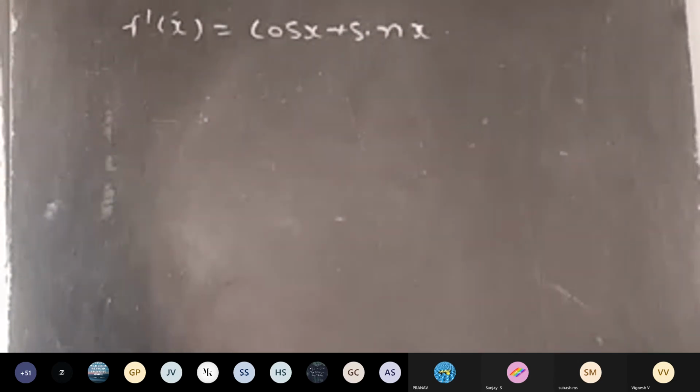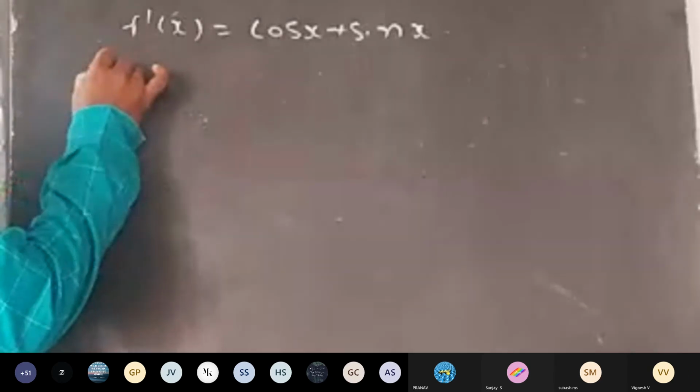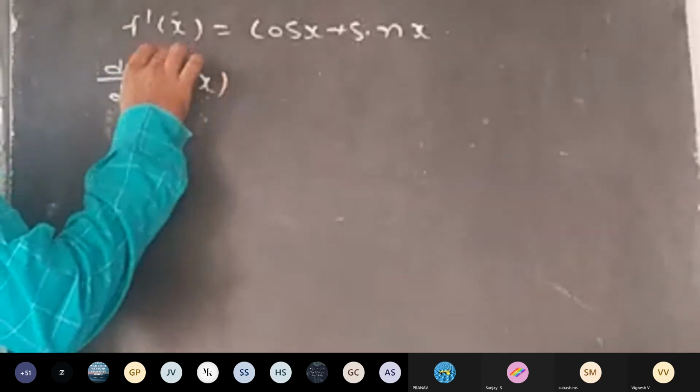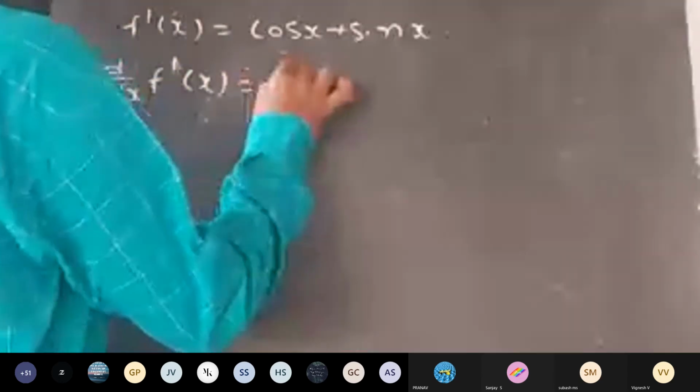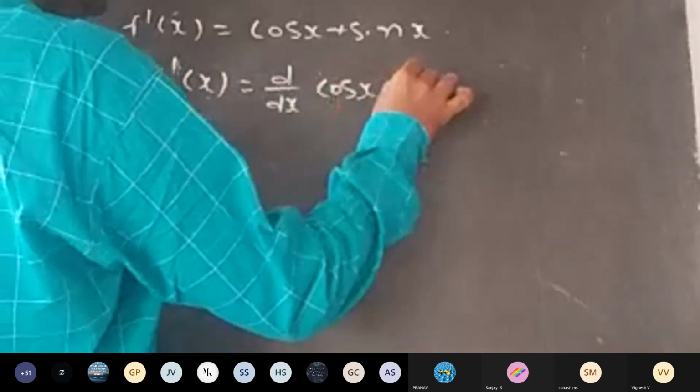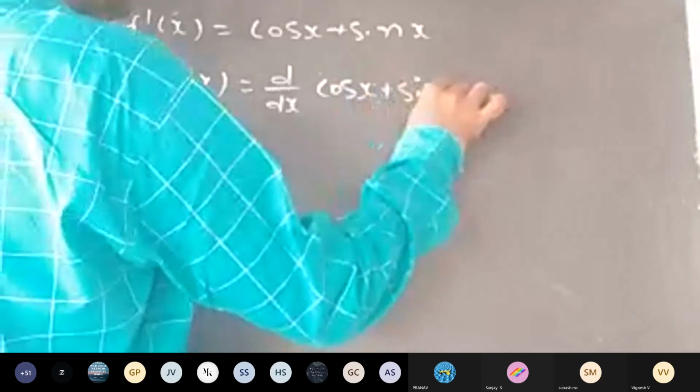Same, you have to continue for second order also. So d by dx of f dash of x is equal to d by dx of cos x plus sin x.